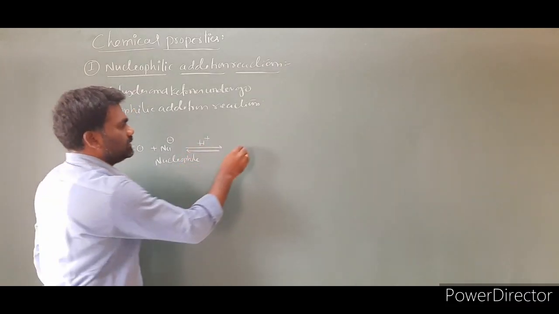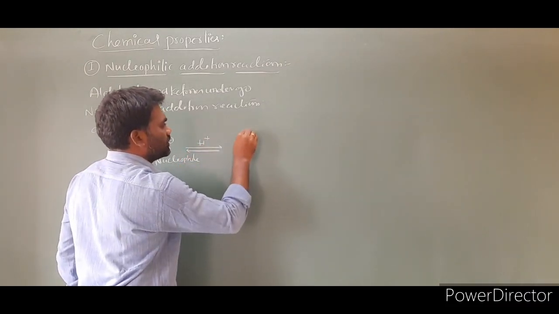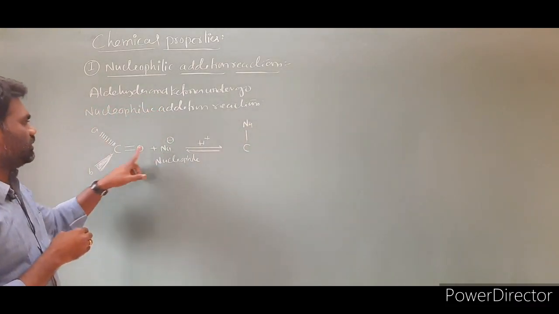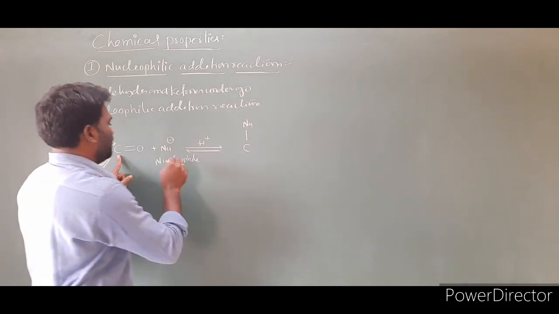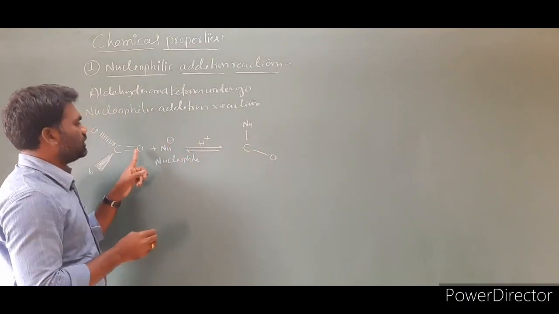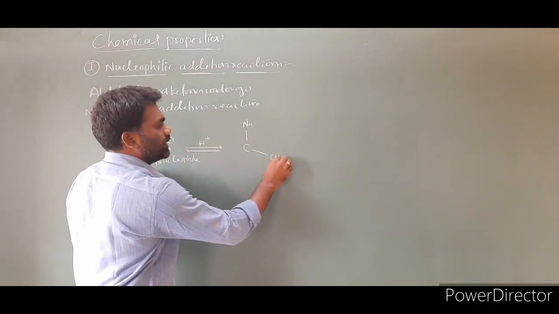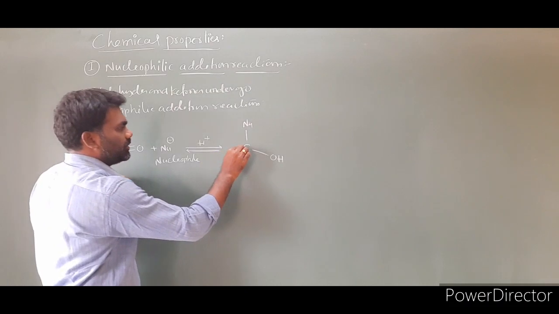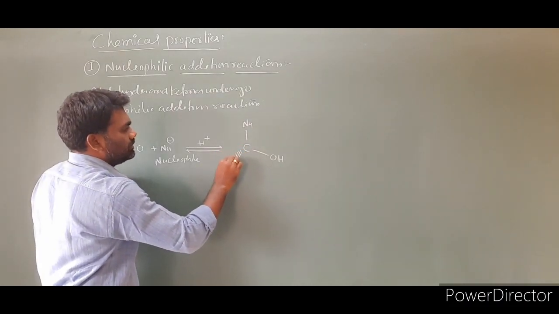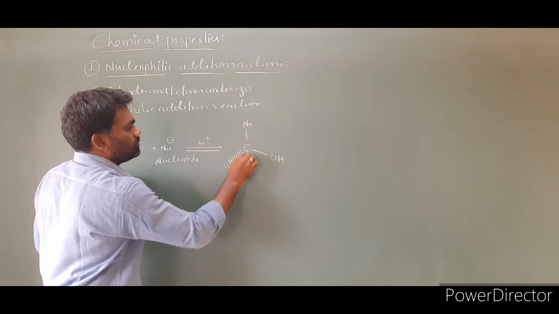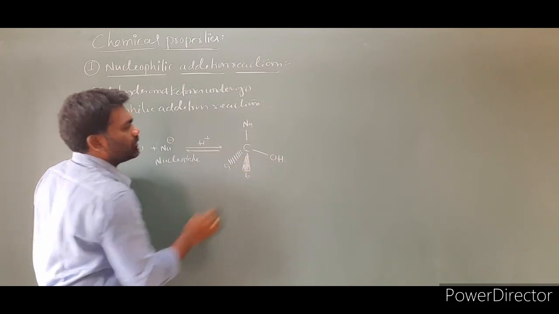Then the product has the nucleophile attached to the carbonyl carbon, and this O will take this hydrogen, converting into OH. The two groups attached to the carbonyl group remain the same, so this is A and another one is B. So this is the product form.